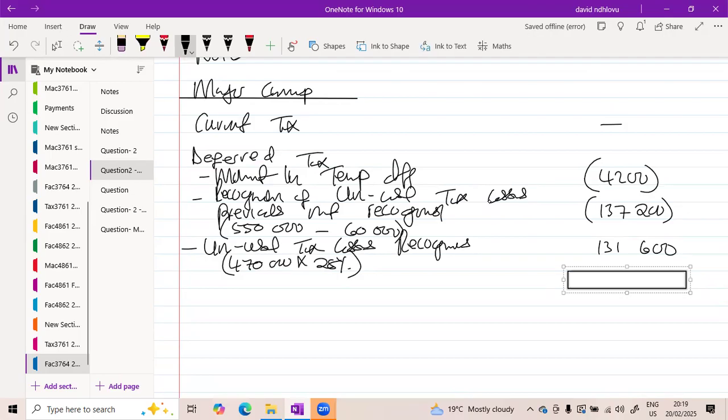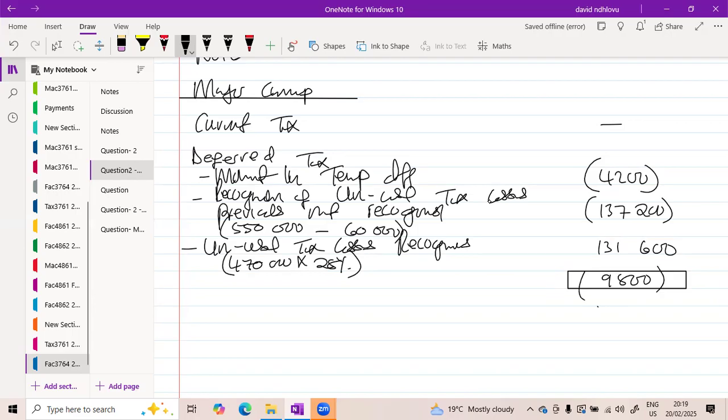So 42 negative plus 137,200 negative plus 131,600, I get 9.8 negative. So in this instance, you're going to record 9.8, as instead of deducting it, you are going to actually add this amount under profit before tax.